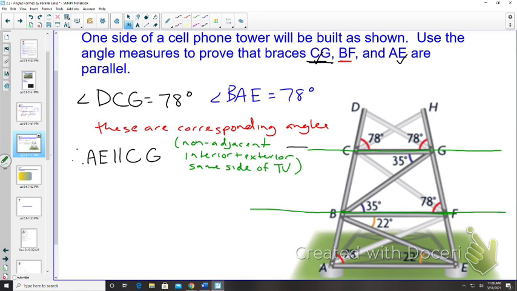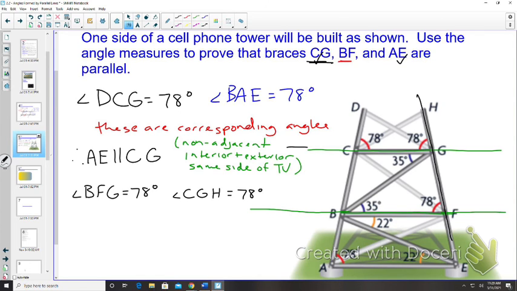Okay, why did I do those? Why did I choose those? Because I see this 78 degrees here, and here is a corresponding angle up here, right? So angle BFG is equal to 78 degrees, and angle CGH equals 78 degrees.